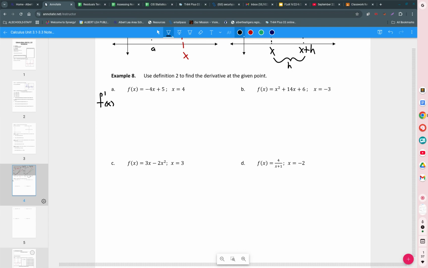And what derivative means is the slope of a line tangent at a point on the curve. And we use the limit as h goes to 0 of f of x plus h minus f of x over h. Okay? That is the formula for a derivative.